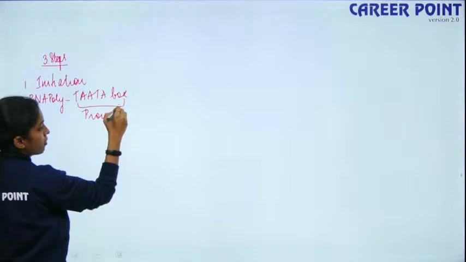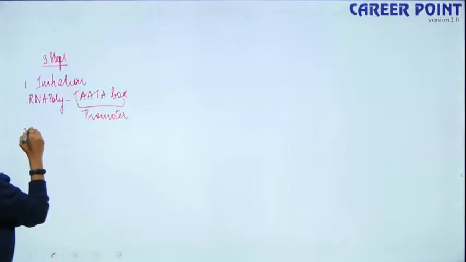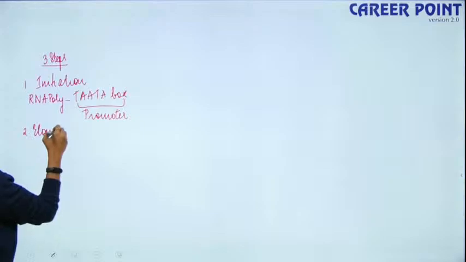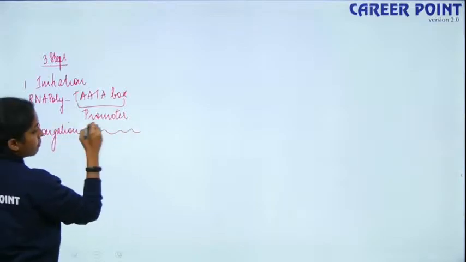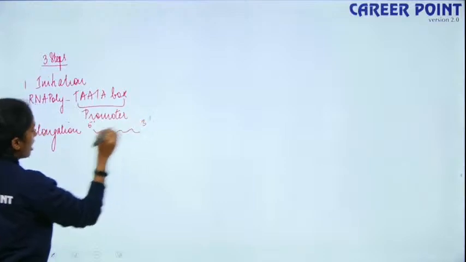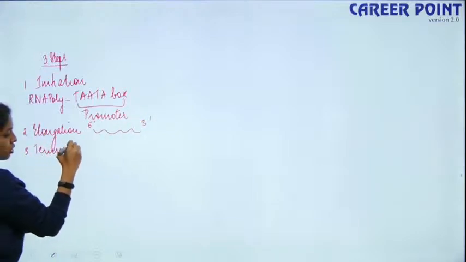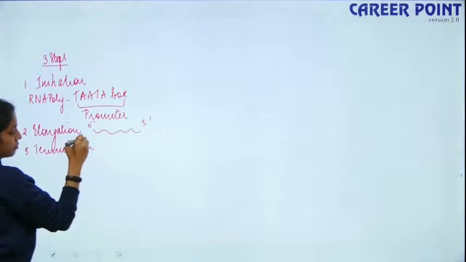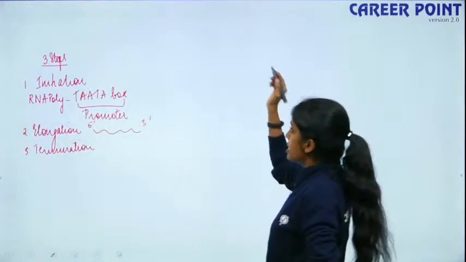And then you have elongation, that is, my RNA is getting produced. And then finally termination, the process of transcription will stop. So the same three processes, but here there is a twist.